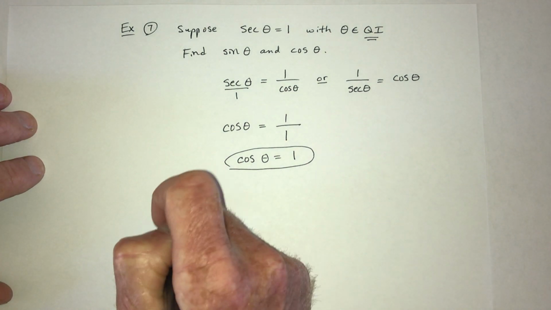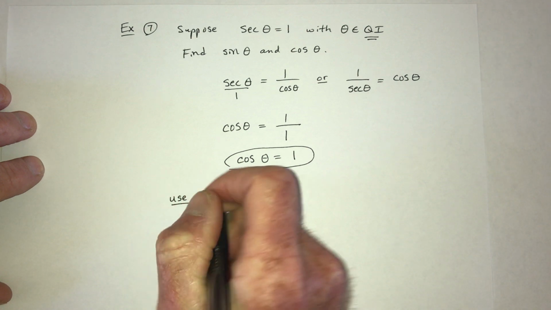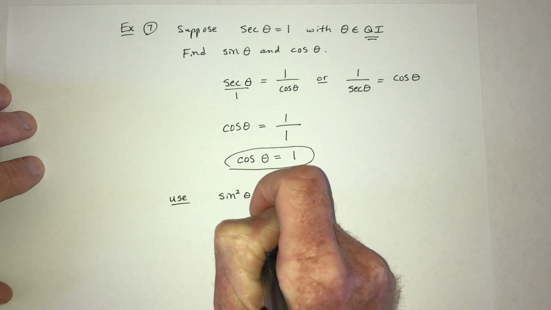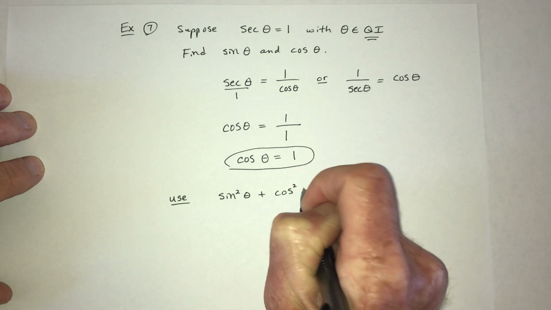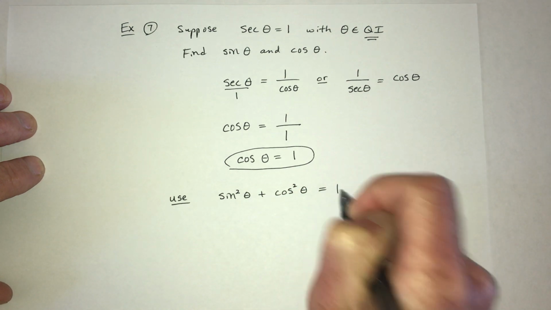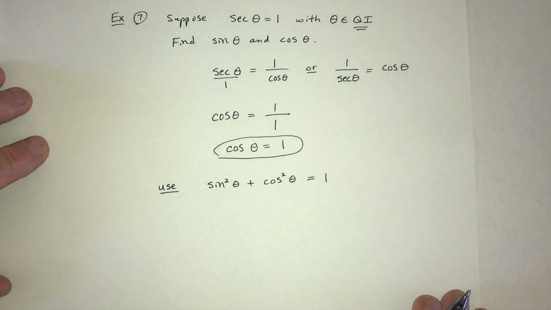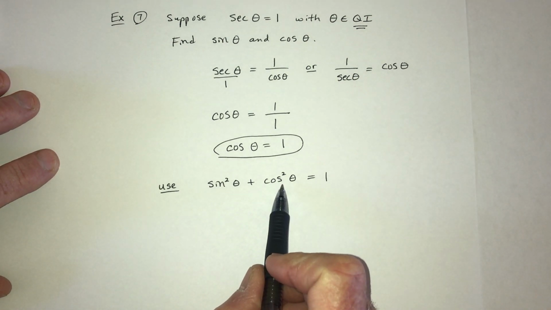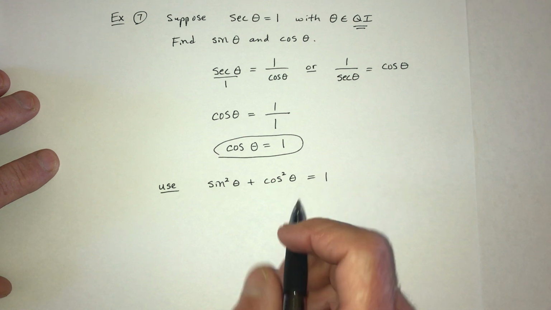And for the last part, use the Pythagorean identity, sine squared plus cosine squared equals 1. So then we could just plug in that this is going to become 1 squared.